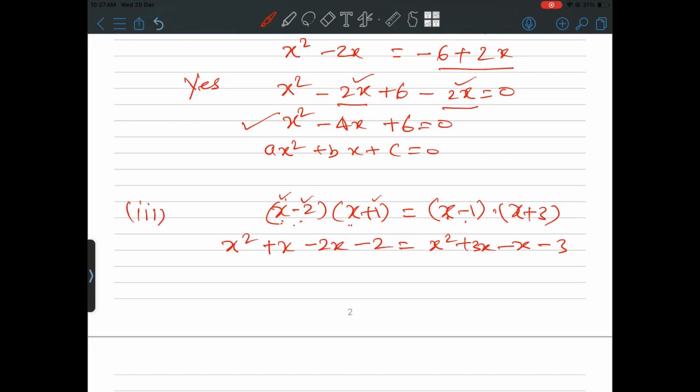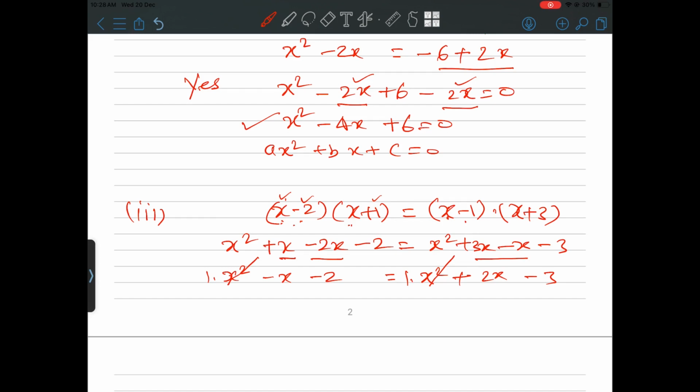Now you can combine the terms which can be combined. So x square, now this is plus x minus 2x, so this becomes minus x minus 2 is equal to x square. Now combine this also. This becomes 2x, because this plus 3x minus x is 2x, so it becomes plus 2x minus 3. But one thing you can notice here is that we can simplify and cancel the x square from both sides, because they have the same coefficient: here we have one, here also we have one.